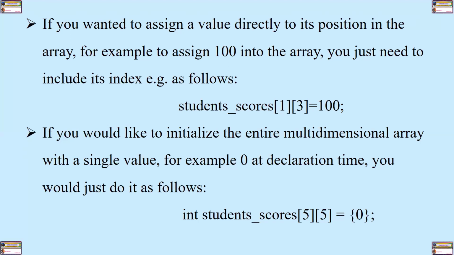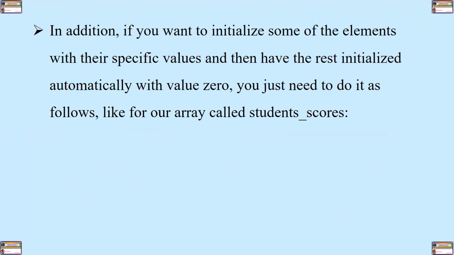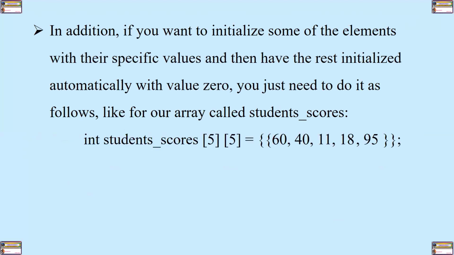So if it is a 5 by 5 two-dimensional array, all 25 elements inside will be zeros. In addition, if you want to initialize some of the elements with specific values and have the rest initialized automatically with the value 0, you just need to do it as follows for our array called studentScores.